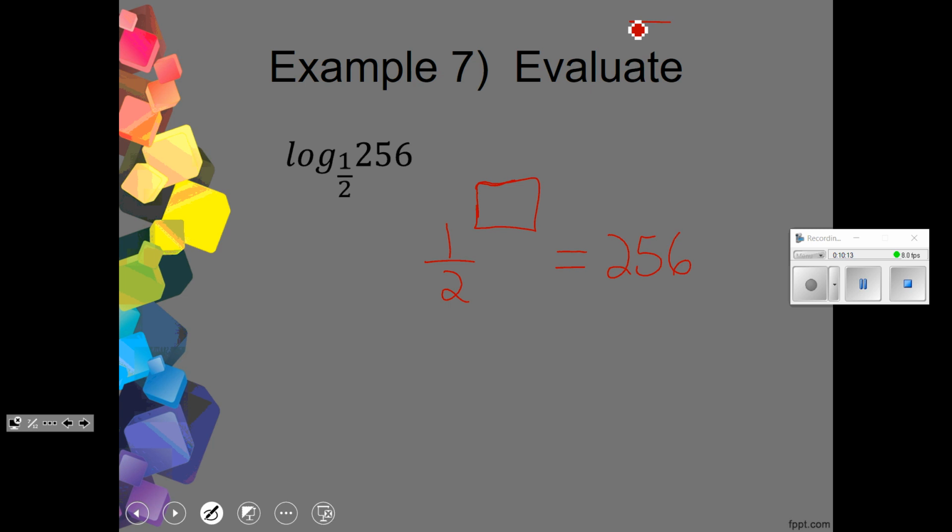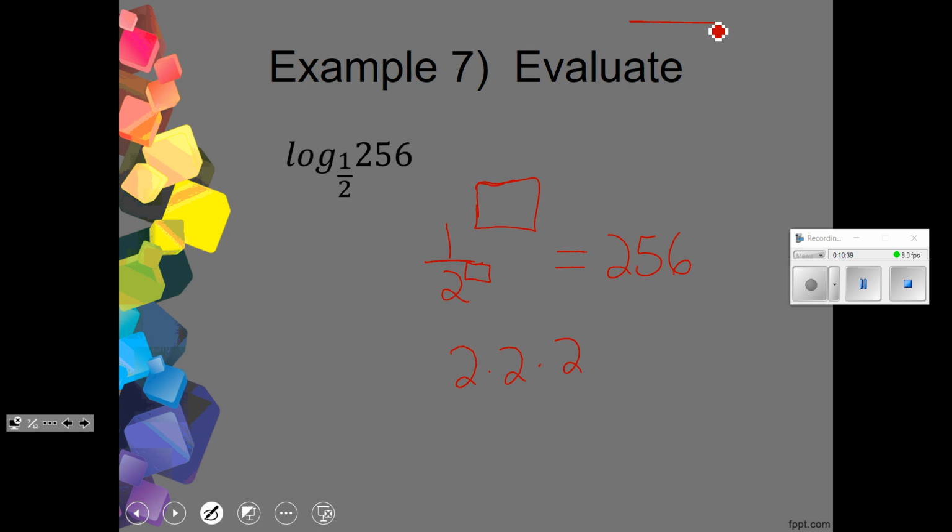Well, first of all, what base are we looking at, basically? We're looking at a base of 2. Can you tell me what 2 to what power is 256? I think you have it in your notes probably from the other day. Is it 6? It's 8. You have it in your notes from the other day when I gave you all your powers of 2.